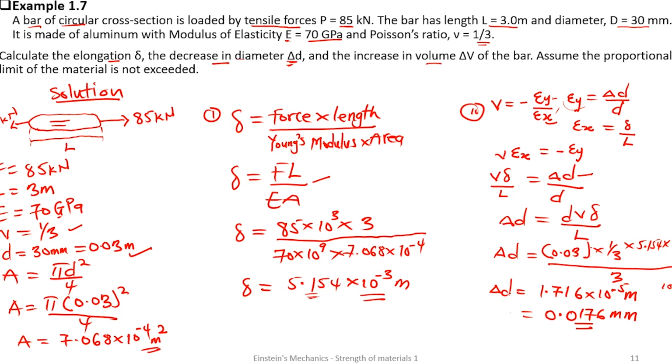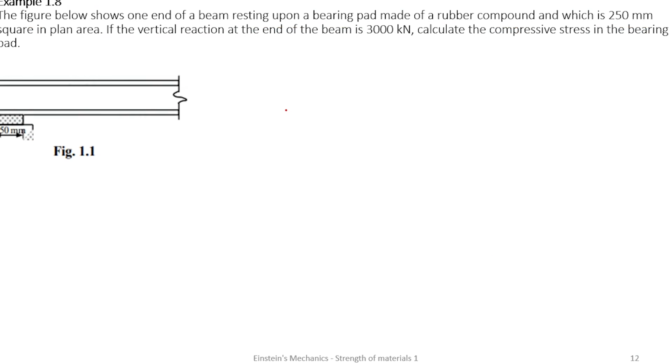So the change in diameter for this particular circular bar is going to be 0.0176 millimeters. You can also change the elongation to millimeters. But remember, I like working in meters because it is the standard. Are we good? Now let's move to the next example.